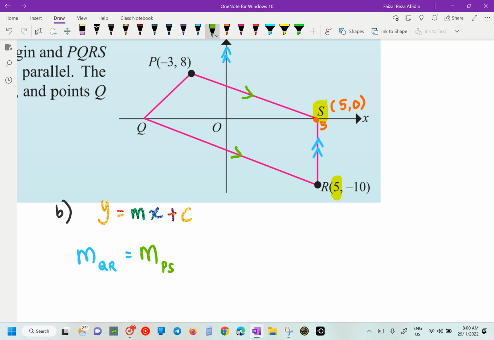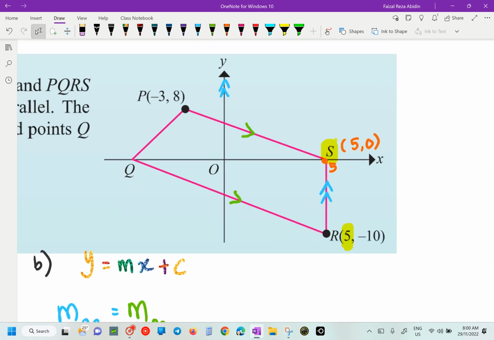How to find the gradient of PS? Use the formula y2 minus y1 over x2 minus x1. So we have x1, y1 over here, and for S over here we have x2, y2.